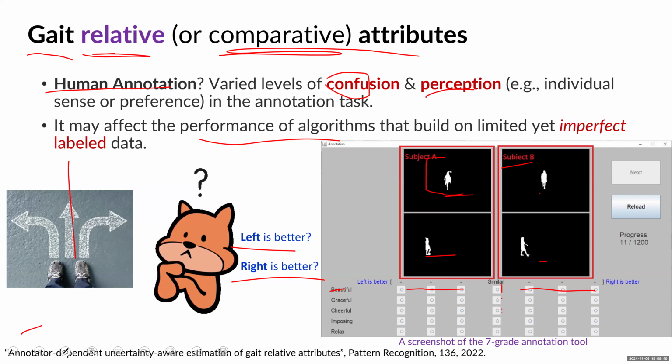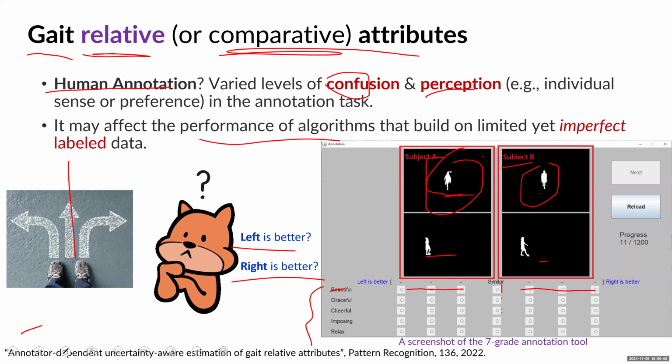So definitely we noticed that the annotators, who were paid students, could not perform very well always, because it's normal human subjective perception or understanding whether it's beautiful or graceful or cheerful, just looking at the silhouette.